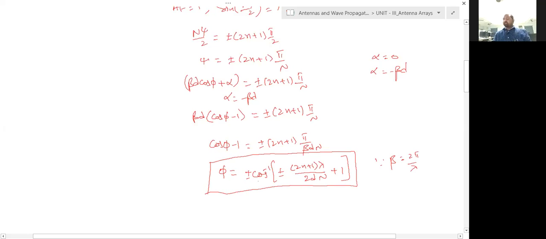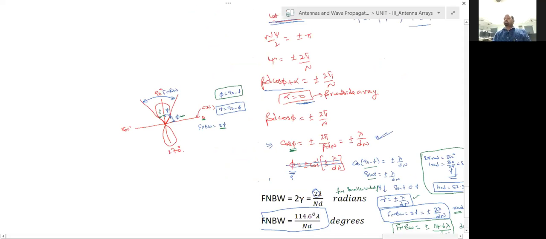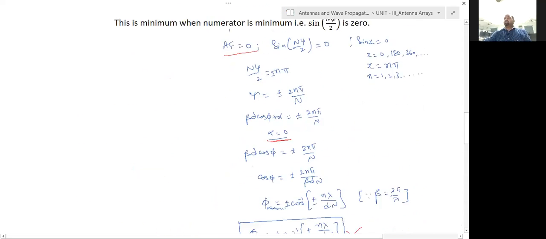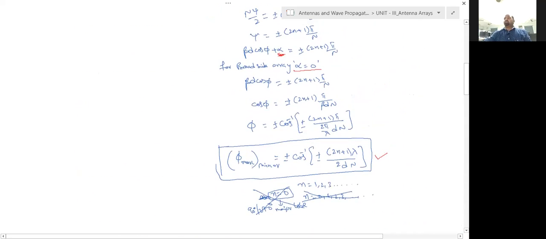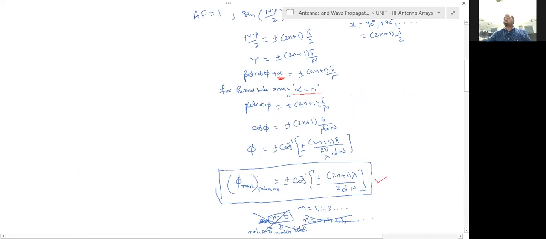So what is the difference between end-fire array and broadside array? Let me take you back here. Almost the equation is the same, the only thing is the plus 1.